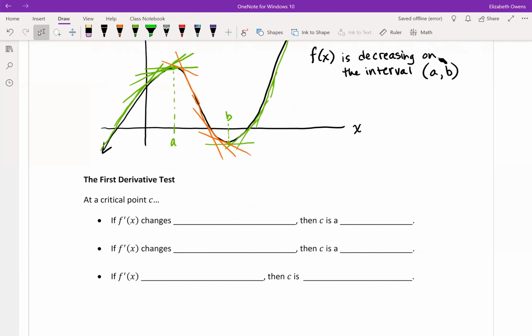Okay, so we can look at that with the first derivative test, and this focuses in on those critical points.